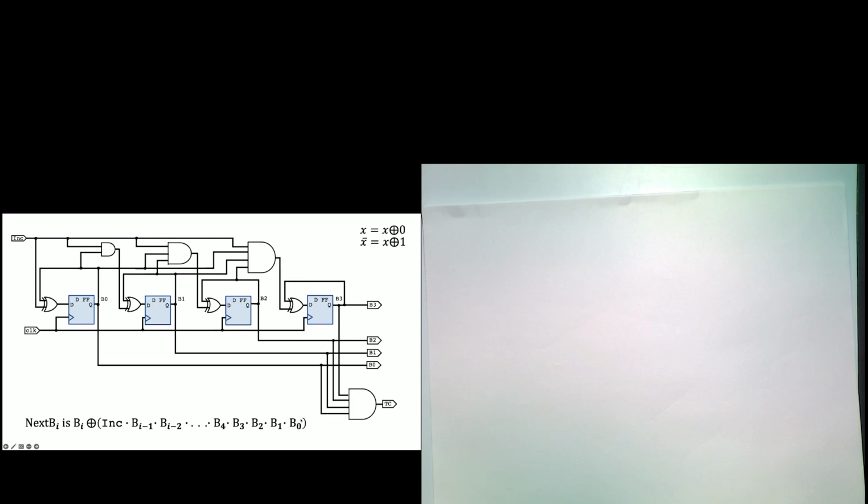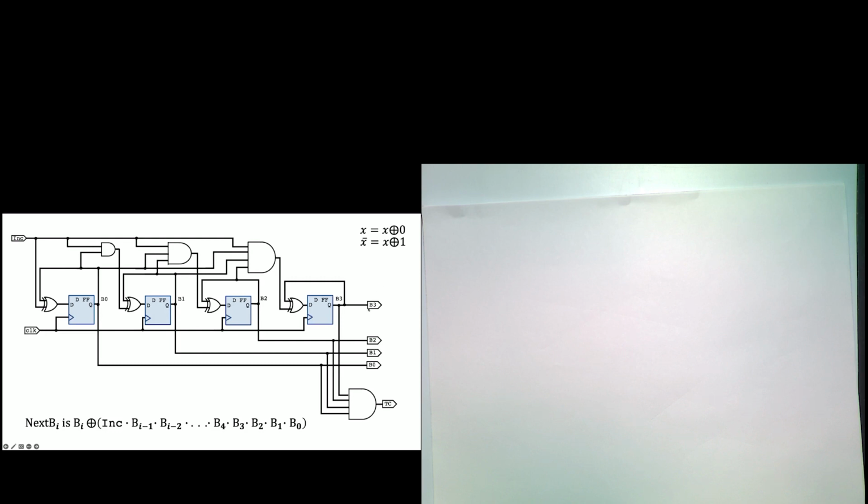Okay, so if I keep doing this, how big is this AND gate getting? Too large, right? If I wanted to make a 64-bit counter, I'd have to have a 64-bit AND gate for the last bit. So this isn't very practical.